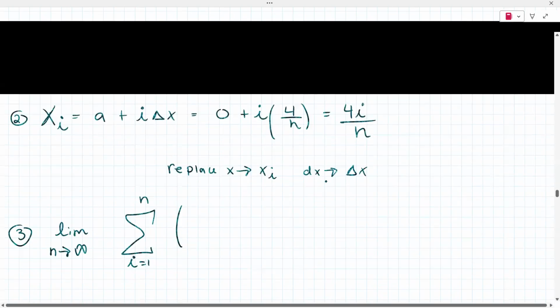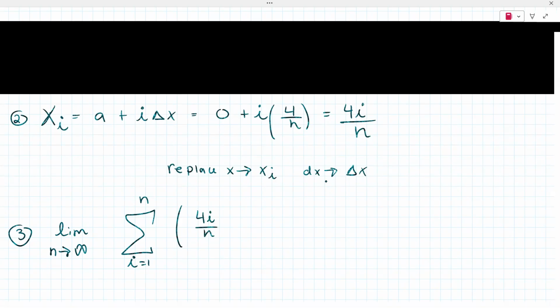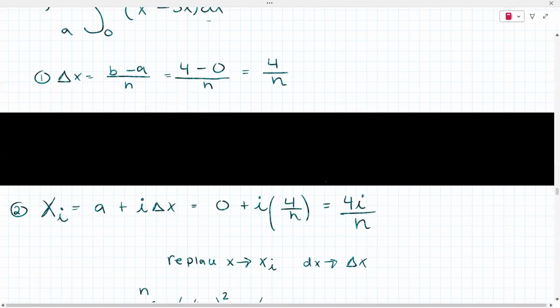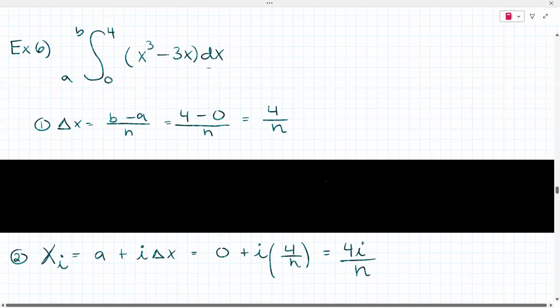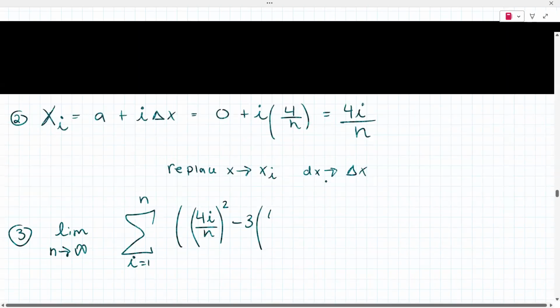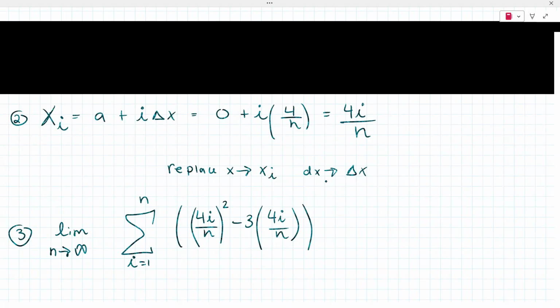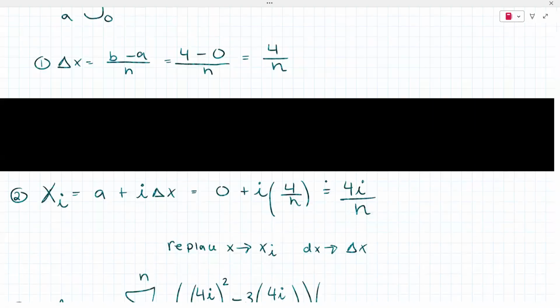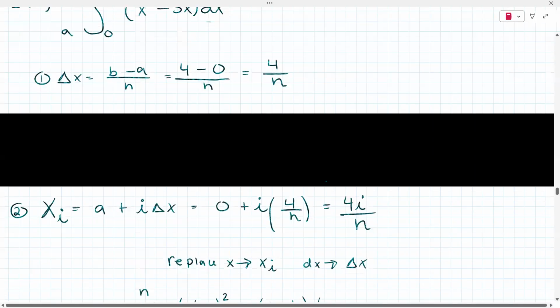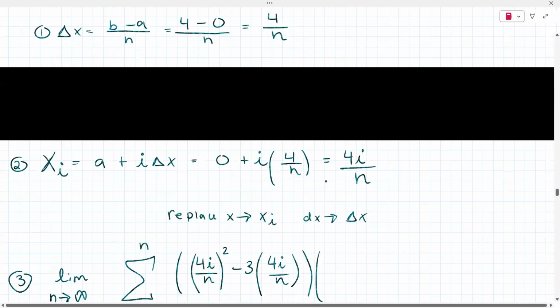So my x is 4i over n, squared, minus 3 times my x, which is 4i over n, times delta x, and my delta x is 4 over n.